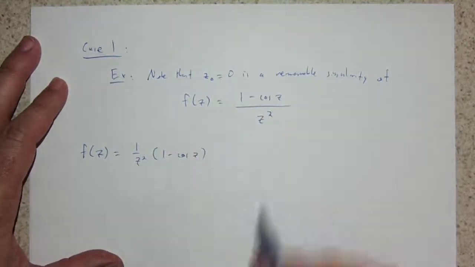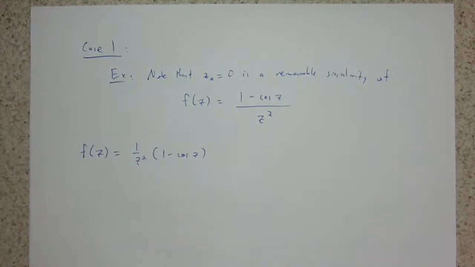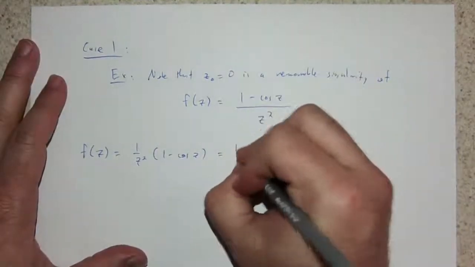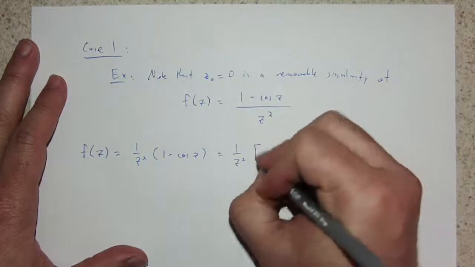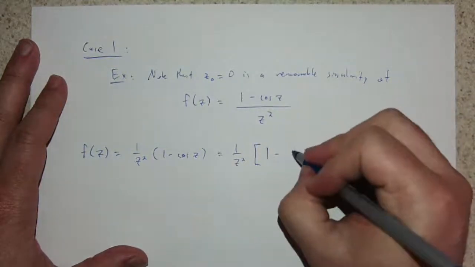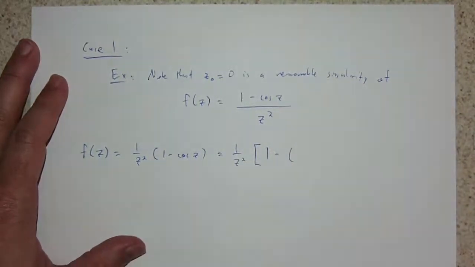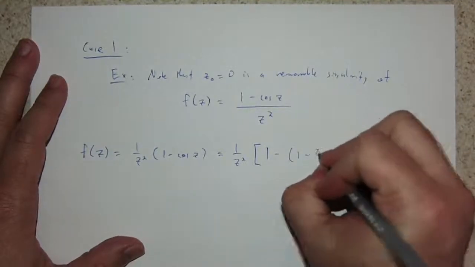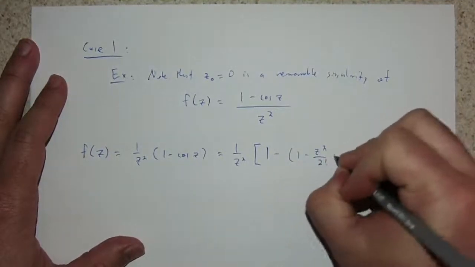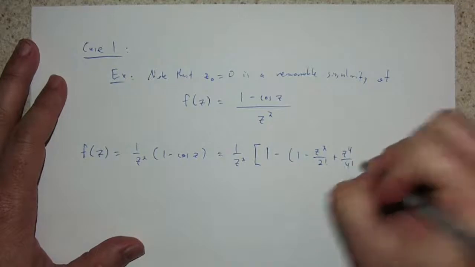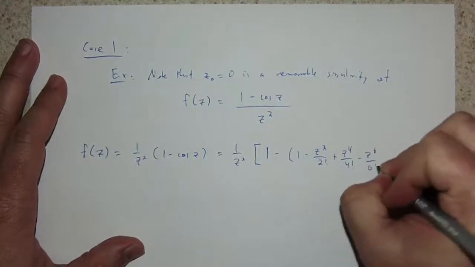If I use the Maclaurin series expansion for cosine z here, what do I have? I have 1 over z squared times 1 minus, and the Maclaurin series for cosine z is 1 minus z squared over 2 factorial plus z to the 4th over 4 factorial minus z to the 6th over 6 factorial, and so on.